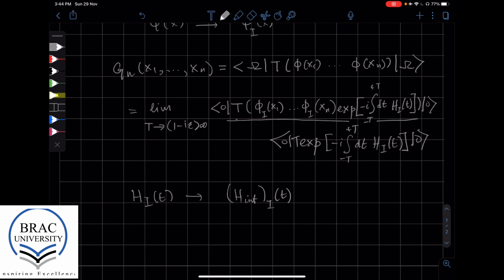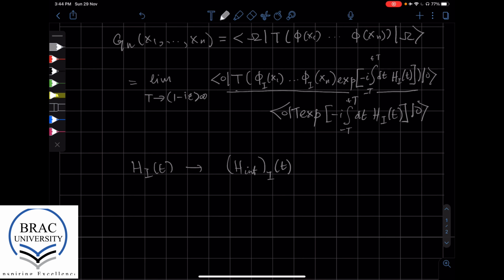So what we have done is that we have expressed the n-point function in terms of products of the form of time ordering of a bunch of the interaction picture operators, because that is what we will get when we expand this exponential and this time-ordered exponential. We'll just get terms of this form with some integrals over them.